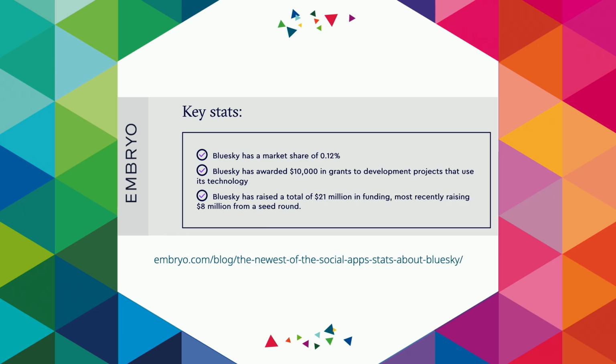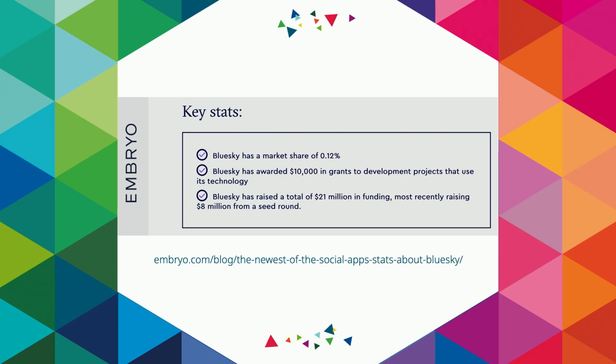Now that 0.12% is a lot of folks in open source, a lot of folks in policy and advocacy, a lot of folks who have a motivated reason to opt out of these other places. But so far, it has not yet broken out of that monopolistic control of the social media public square, right? They've awarded $10,000 in grants to development projects.